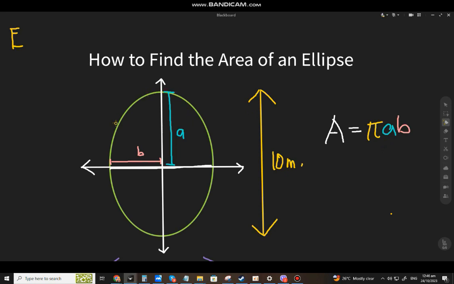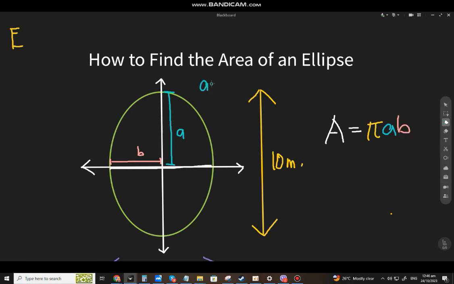Okay. Now, what if we have this one? You can see that the green one is the ellipse, and it's like an imperfect circle. In the ellipse, there is a longer side and there is a shorter side, right? So this one is the longer side and this one is the shorter side. Now, for this one, we have A and B. The A is always the longer side.